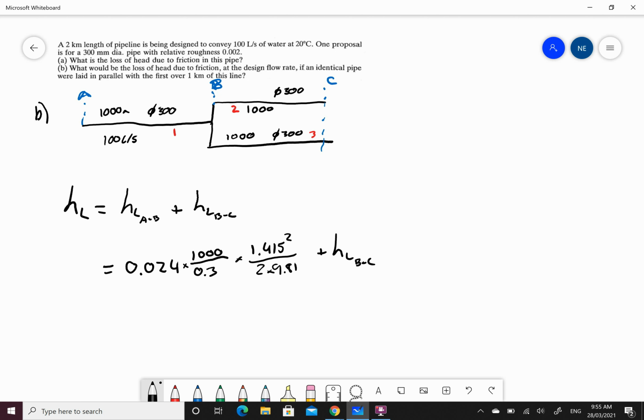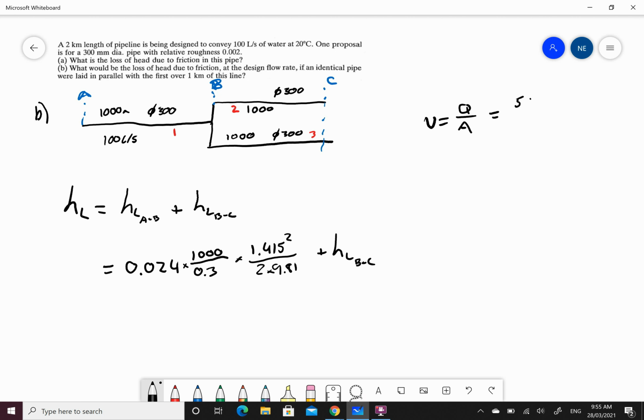Velocity is equal to Q on A. There is a much simpler way to do it, but we'll go through this way to start off with. Half comes up, half comes down. It's the same diameter pipe, so same velocity, same area. So it's safe to assume it's a 50-50 split.